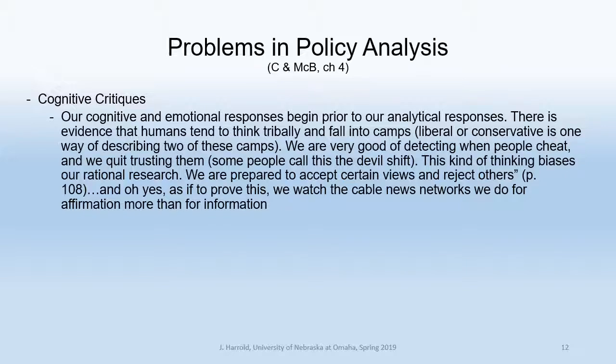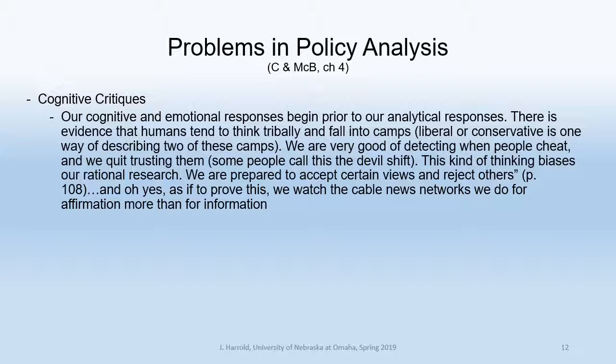So there are cognitive critiques, and this is kind of what we're going through in our current discourse, I would contend. There is evidence that humans like to think tribally, and we do fall into camps. Liberal or conservative is one way of describing at least two of the camps; there are more camps than those. We're very good at detecting when the other side cheats, ascribing poor motives to them.